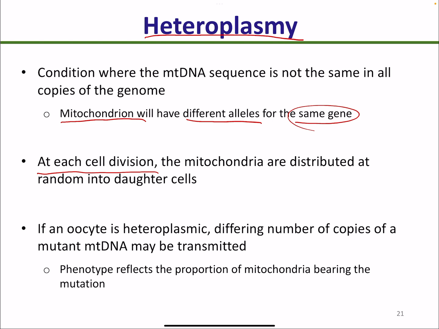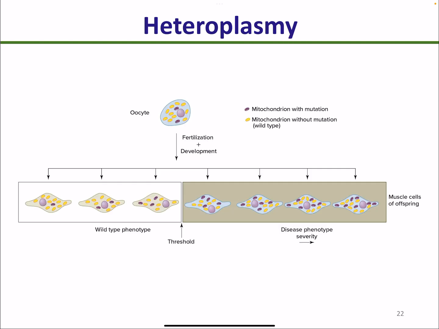If an oocyte is heteroplasmic, different numbers of copies of the mutant mitochondrial DNA may be transmitted to the gametes, therefore to the offspring, right? So the proportion is going to differ from one individual to another individual.